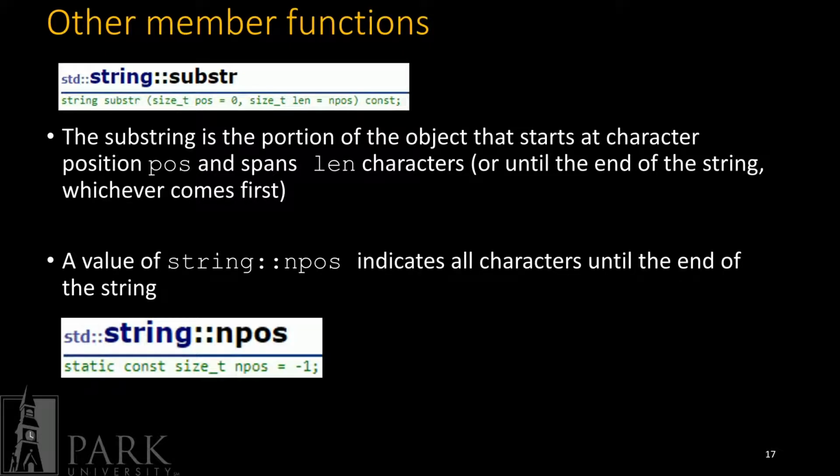The default value for the length parameter is a predefined constant, npos, used to indicate the end. So if you don't specify the length, it will use this constant, which is -1, so therefore they want it all the way to the end, right?